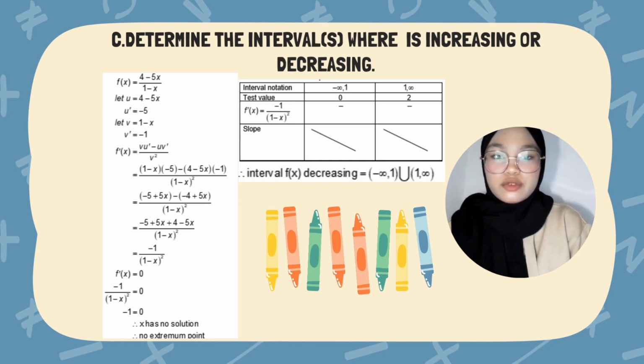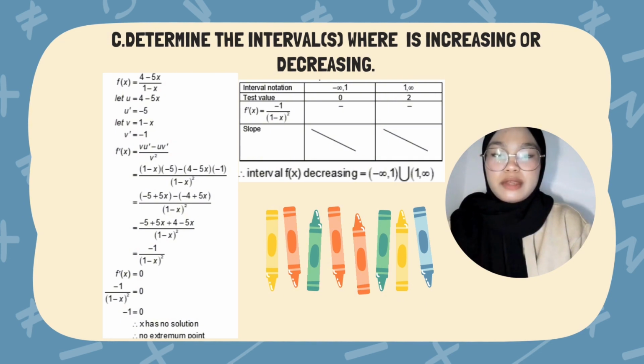So settle it down and we get (negative 5 plus 5x) minus (negative 4 plus 5x) over (1 minus x) squared. We open up the bracket and we get (negative 5 plus 5x plus 4 minus 5x) over (1 minus x) squared. So we settle it down and we get negative 1 over (1 minus x) squared.